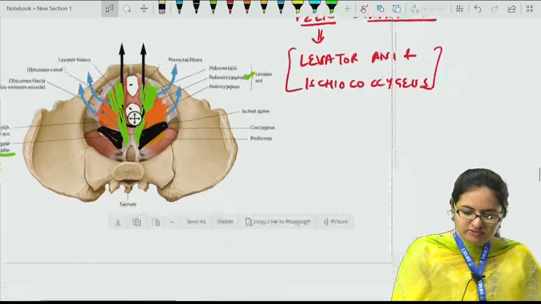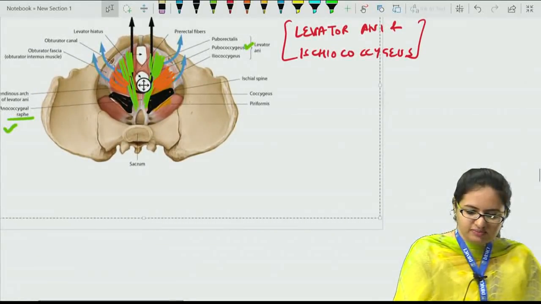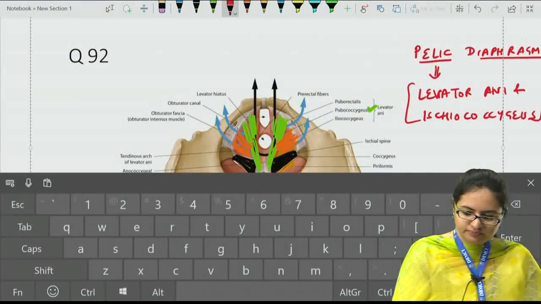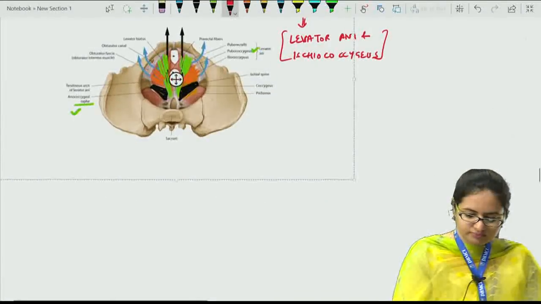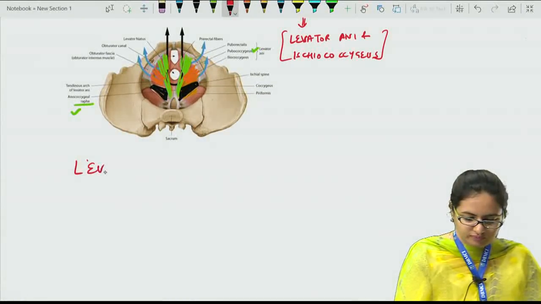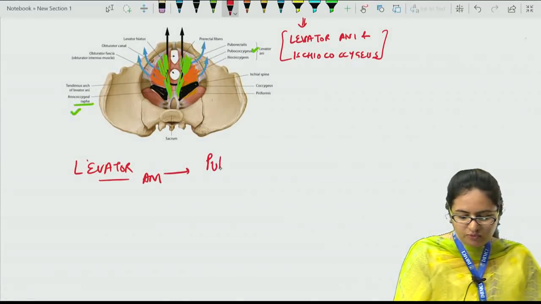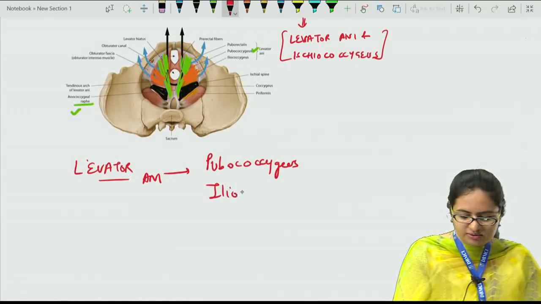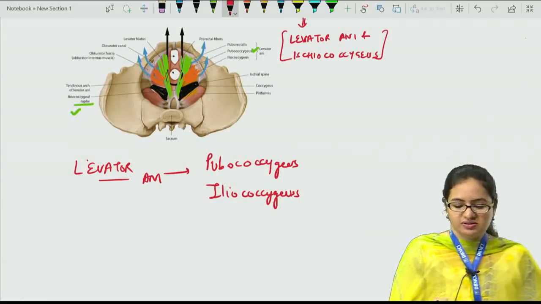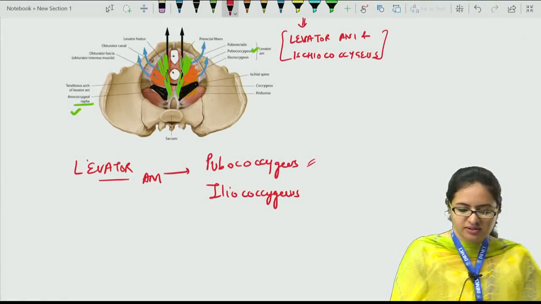Now the components of the levator ani: it has two main components, the pubococcygeus and the iliococcygeus. The muscle fibers of the pubococcygeus also surround the anal opening and form a sling.